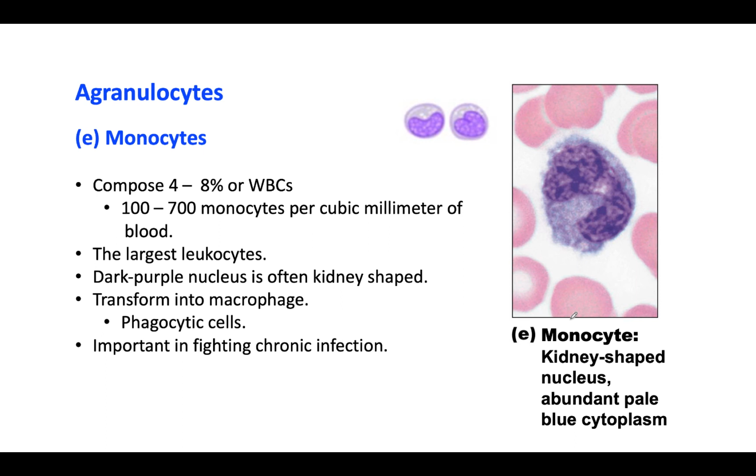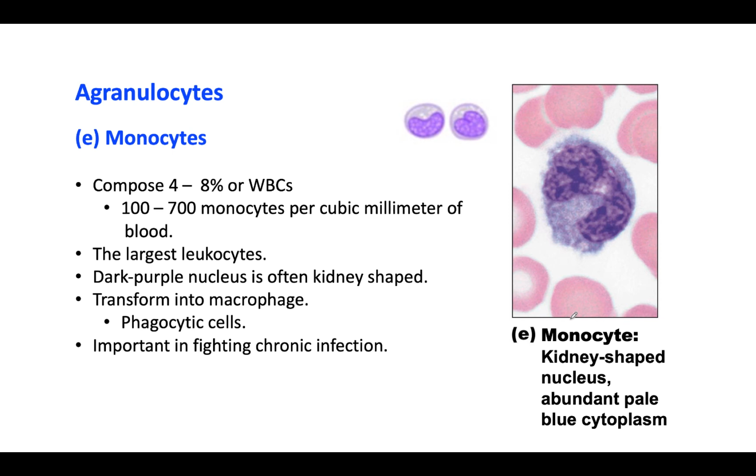Another type of agranulocyte is monocyte. Monocytes compose 4 to 8% of white blood cells. So there are 100 to 700 monocytes per cubic millimeter of blood.